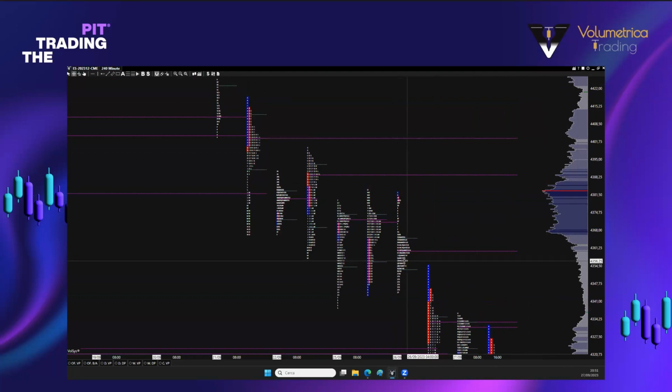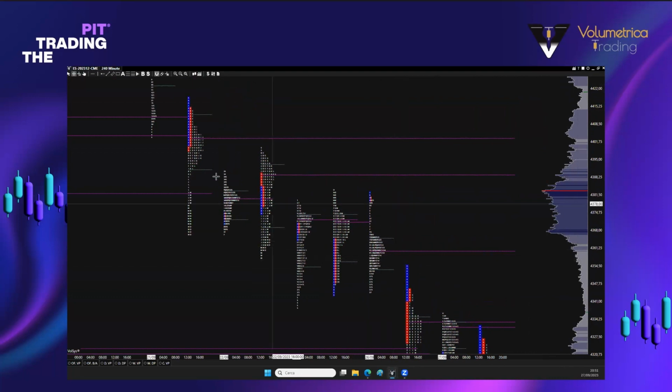So we just said that wherever we have more prints, the more acceptance we have, right? And we also said last time that normally the extremes of the day are supposed to come with less acceptance than the middle areas of both market profile and volume profile. Cool.